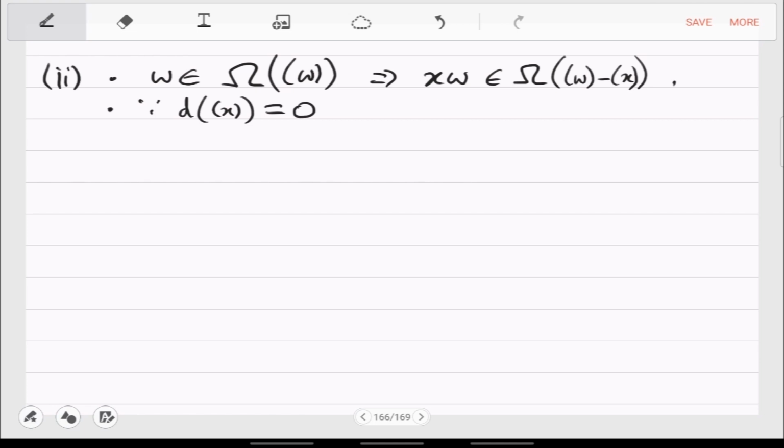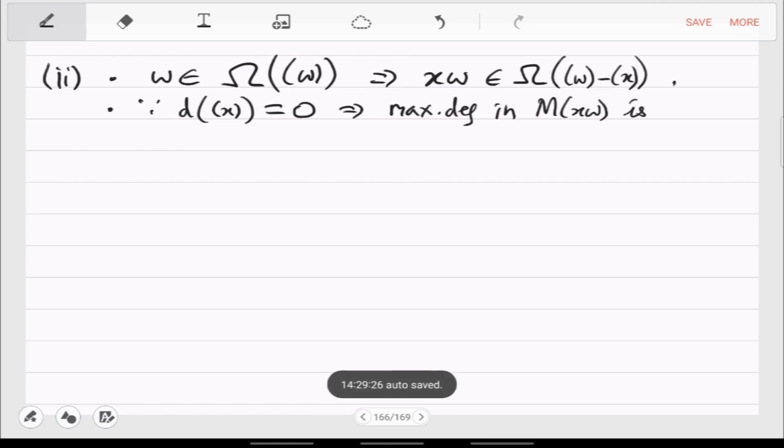Whatever chain of divisors you follow, the max degree in M of x omega will be the same as the degree of omega. You have to show this, and this is a divisor whose degree is also the same. So this is maximal, this is unique.